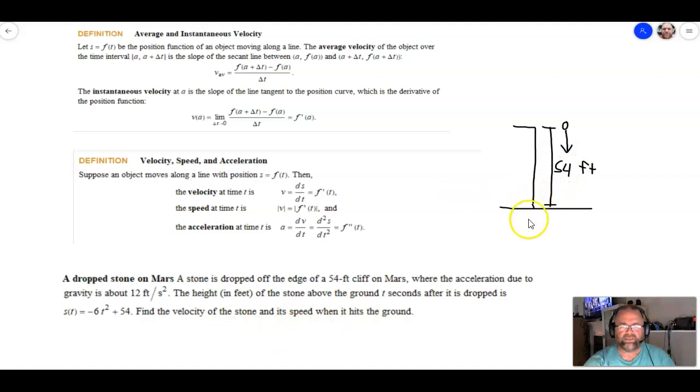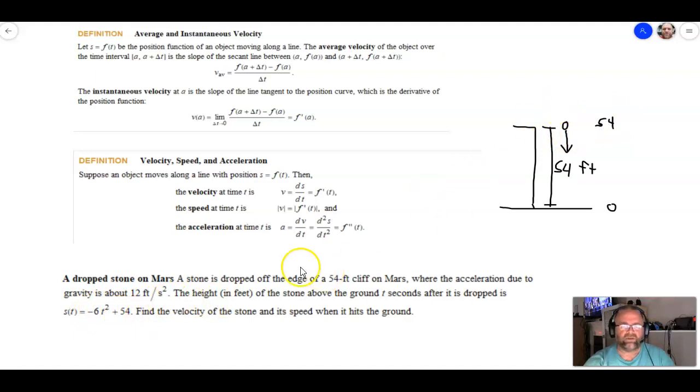Given all this information, we can call this distance here 0, and this distance up here 54 at the top, which makes sense because our function adds 54. Remember, this is the position function, so when t is equal to 0, the position is going to be 54 up here, because that zeroes out and you just get the 54.